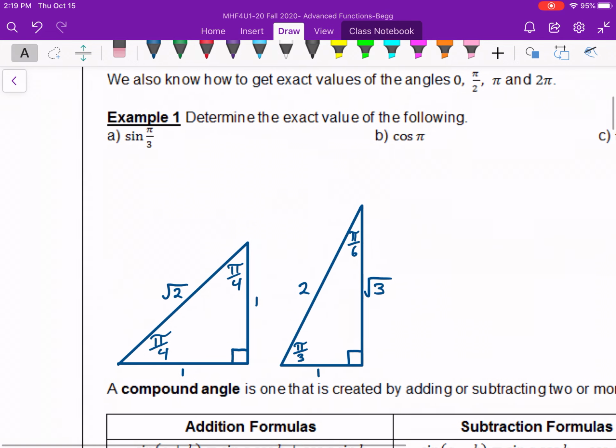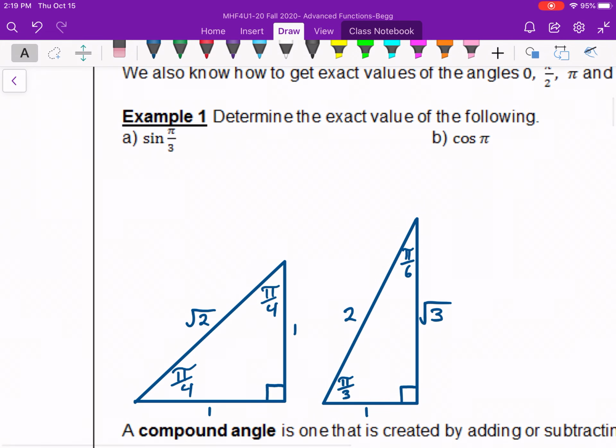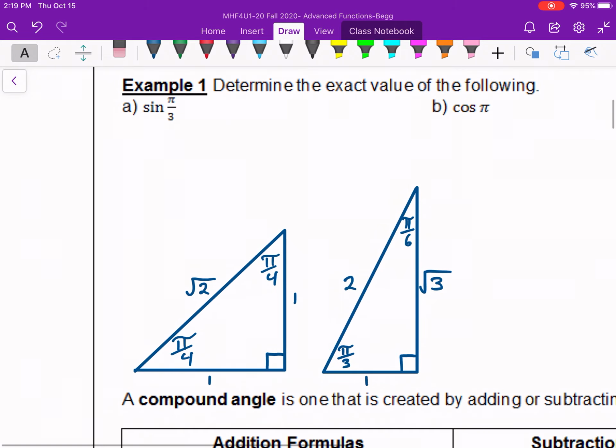But let's start with what we already know. Find sine of pi over 3. It's quite simple with the special triangles. We're finding the exact value. Again, that means put those calculators aside. We won't be using them. But for pi over 3, we find that angle, which is down here in this triangle.